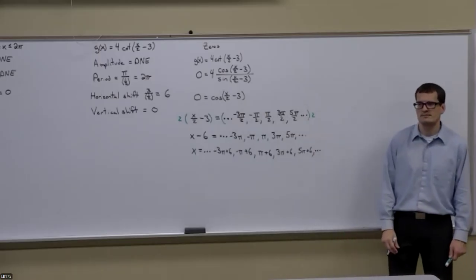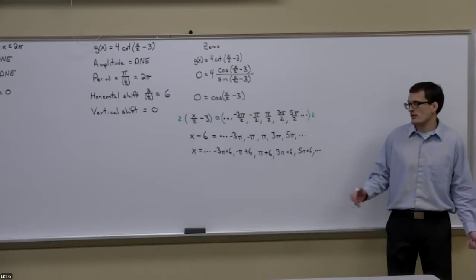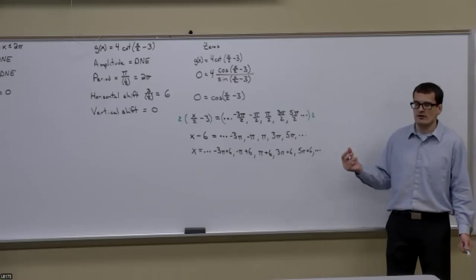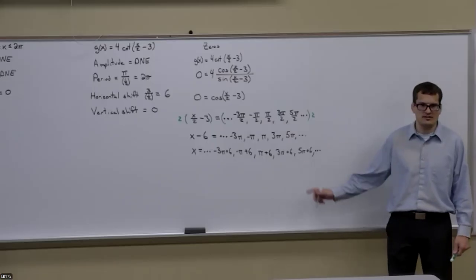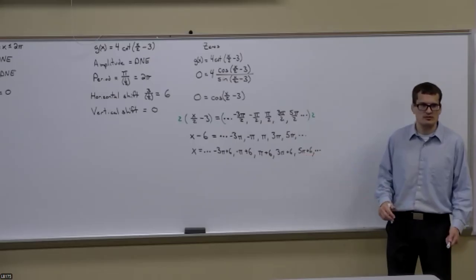Everybody see that? And just like I said earlier, if you wanted to, you could have added 3 first and then multiplied both sides by 2. You get the exact same thing at this stage, whichever way you do that.